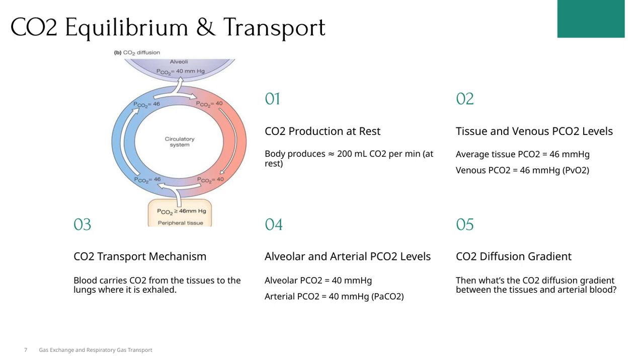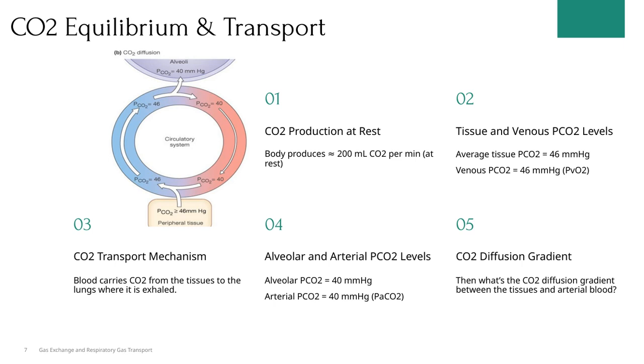This entire process is crucial because it maintains the balance of CO2 levels in our body. At rest, the body produces roughly 200 milliliters of CO2 per minute, which needs to be transported and expelled efficiently. Understanding these gradients and transport mechanisms helps us grasp how our respiratory system keeps our blood gases in check and supports overall homeostasis.